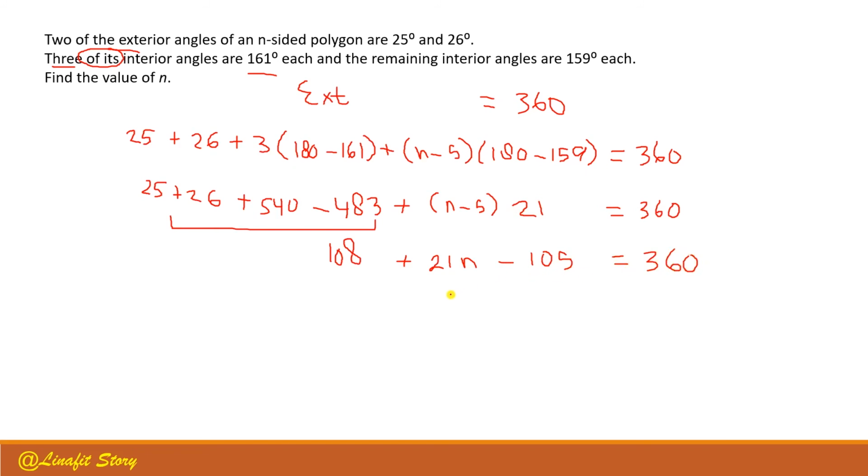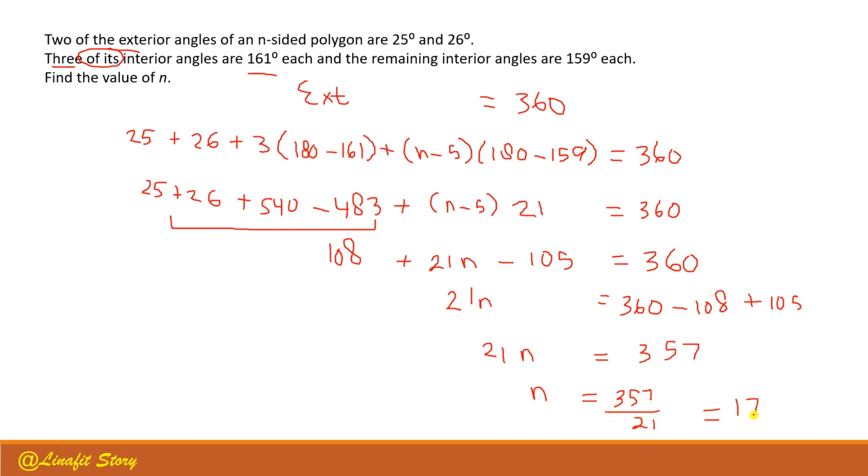And then group the like terms. 21n is equal to 360 minus 108 plus 105. 21n is equal to 357. So n is equal to 357 divided by 21, which is equal to 17.